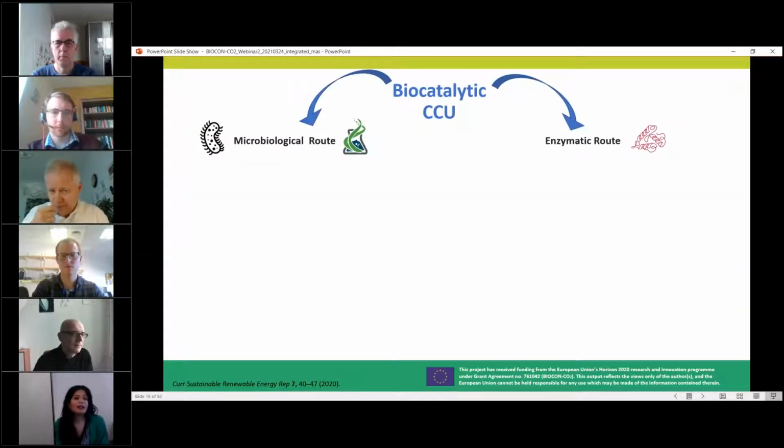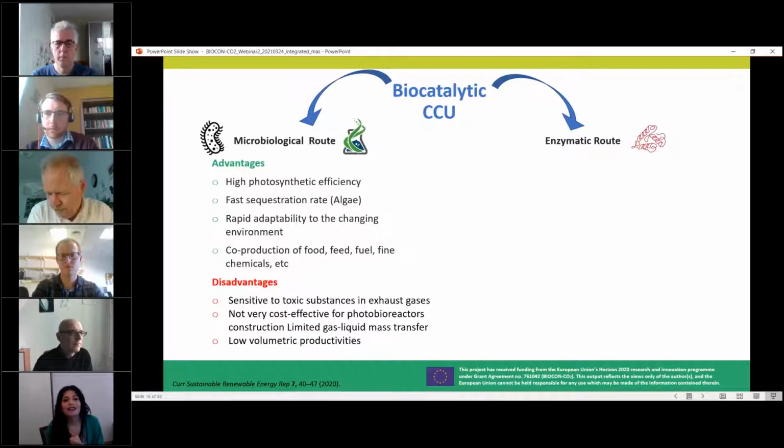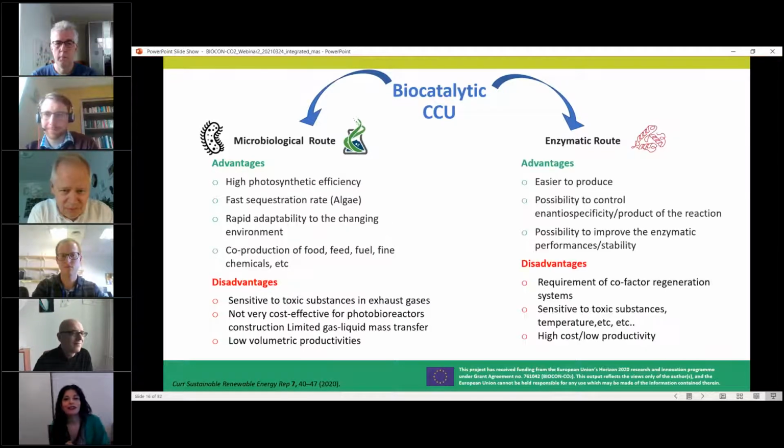Amongst the biocatalytic CCU, we can distinguish between the microbiological route and the enzymatic route. Next, twice, so you have a perfect. With the microbiological route, we include the microalgae and bacteria.